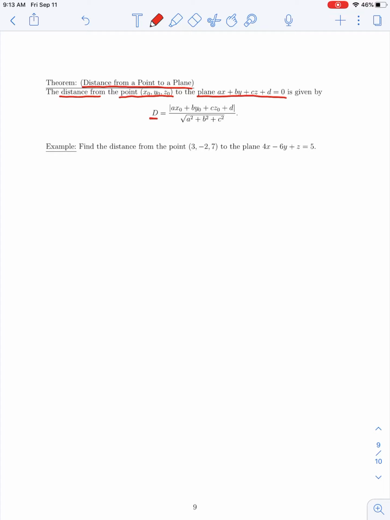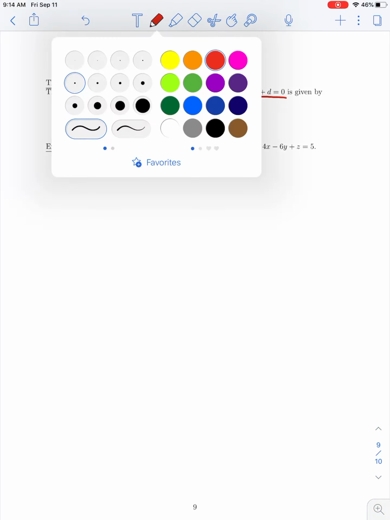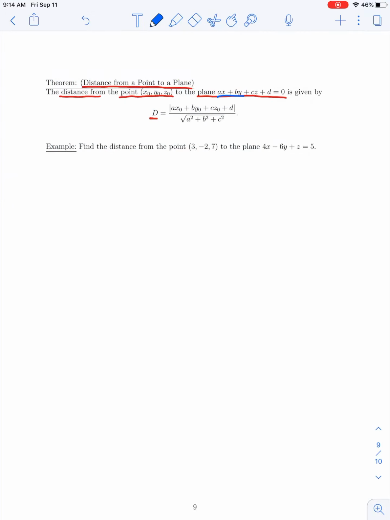Here we'll use capital D for distance, and it's given by the ratio where our numerator is the absolute value of the equation of this plane, but with the point x naught, y naught, z naught substituted in for x, y, and z.